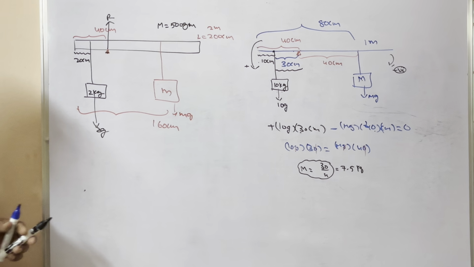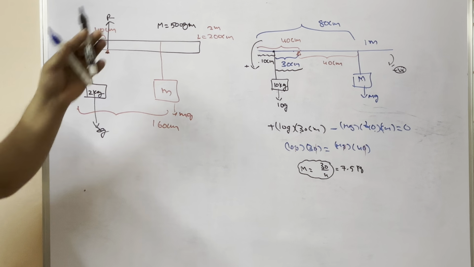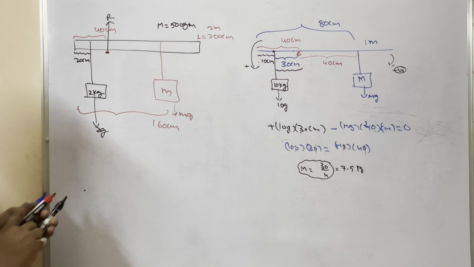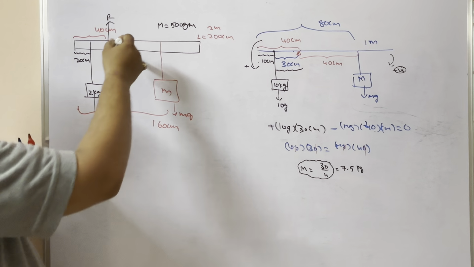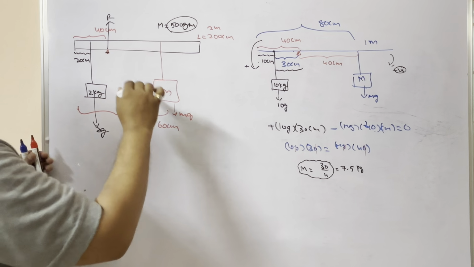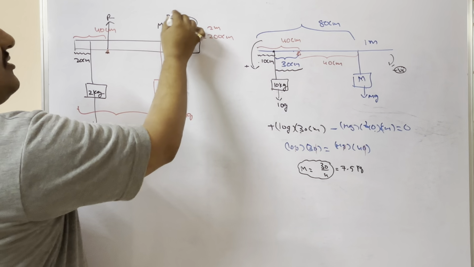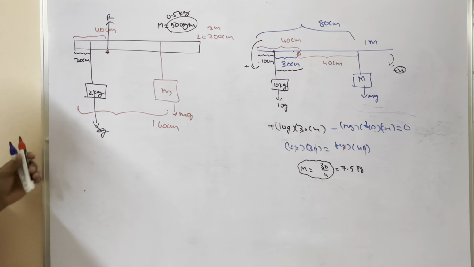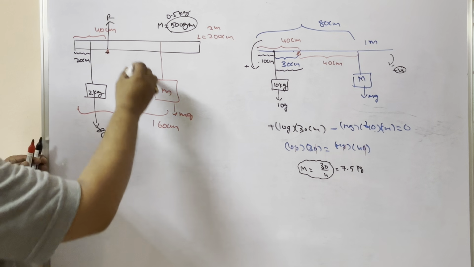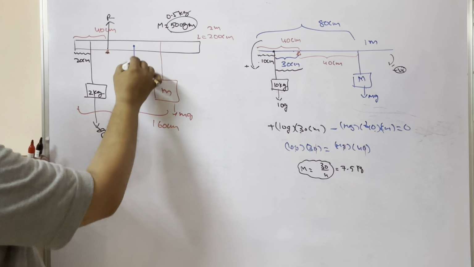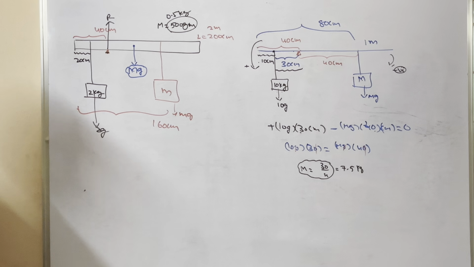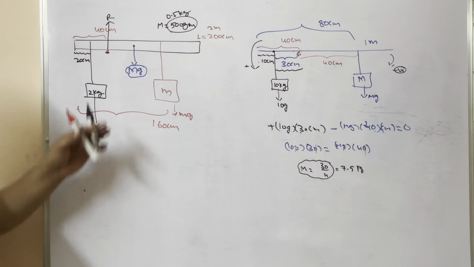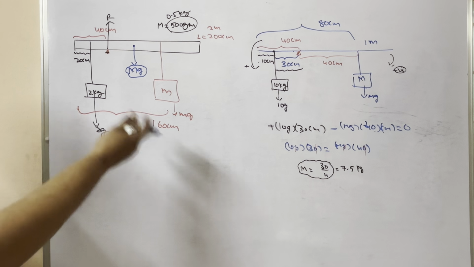In addition to this, you cannot see it directly, but indirectly it is there: the weight of this rod. The mass of this rod, 500 grams, is nothing but 0.5 kg. That is exactly at the center. That is going to be Mg I am writing, where capital M is the mass of the rod. For problem purposes we will write Mg, later we will substitute.